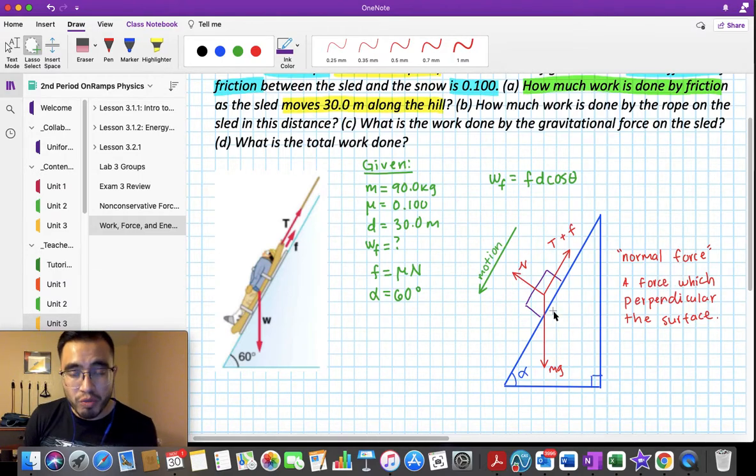However, we know that the normal force is a reaction force. If you recall Newton's third law of motion, for every action force, there's an equal and opposite in direction reaction force. Okay, so the normal force is a reaction force. It's equal and opposite to a force pointing this way, right?